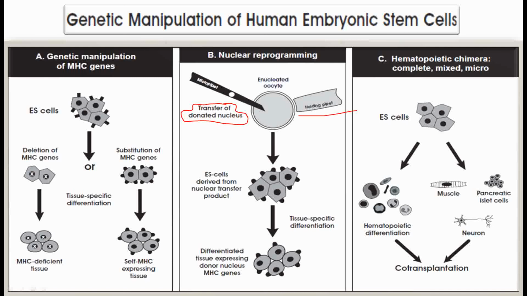This is a holding pipette that will hold this oocyte in place. Further it goes to differentiation. Embryonic stem cells derived from the nuclear transfer product. These kinds of embryonic stem cells will be derived. Now it comes to tissue specific differentiation, and after differentiation, this differentiated tissue expresses donor nucleus MHC genes.